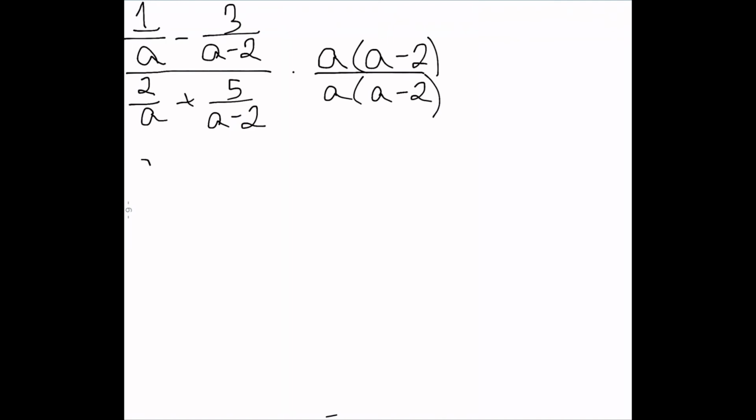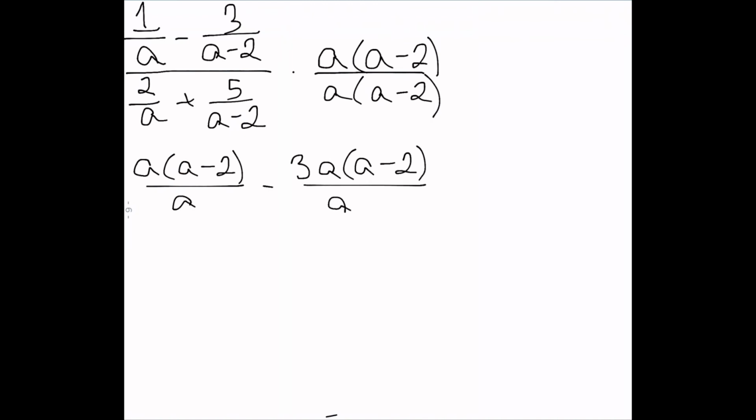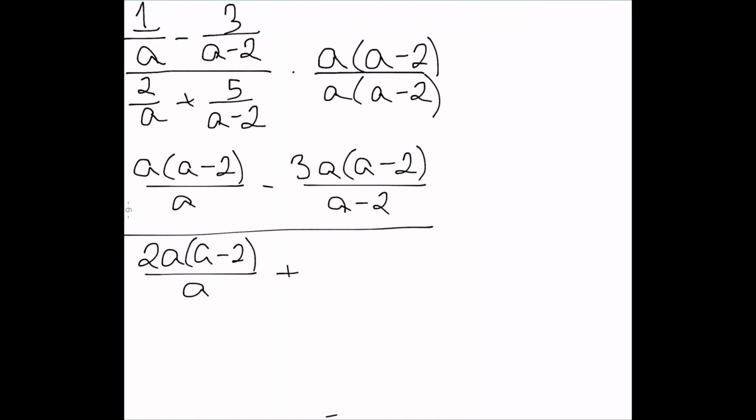So now I have 1 times a minus 2 over a minus 3 times a minus 2 over a minus 2, divided by 2 times a minus 2 over a plus 5 times a minus 2 over a minus 2.